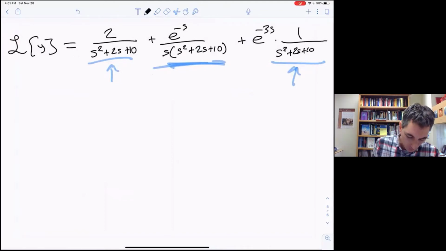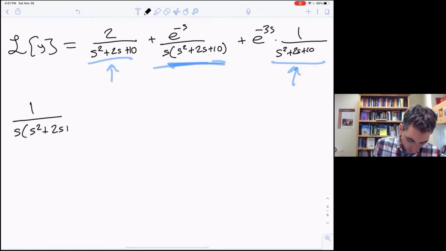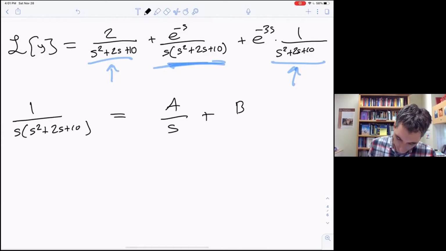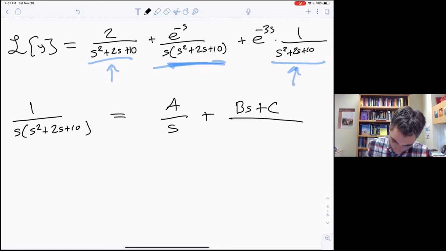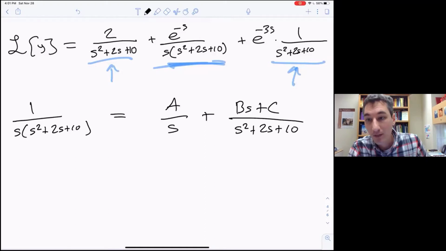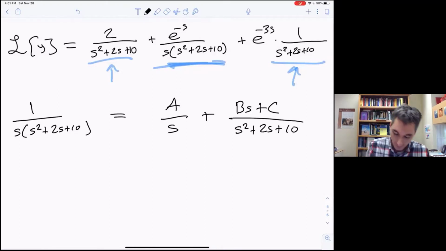So let's see if we can handle 1 over s(s² + 2s + 10) written as A over s plus (Bs + C) over (s² + 2s + 10). Of course, that's the irreducible quadratic, so that's why we've got the linear term in the numerator. Clear out the denominators.